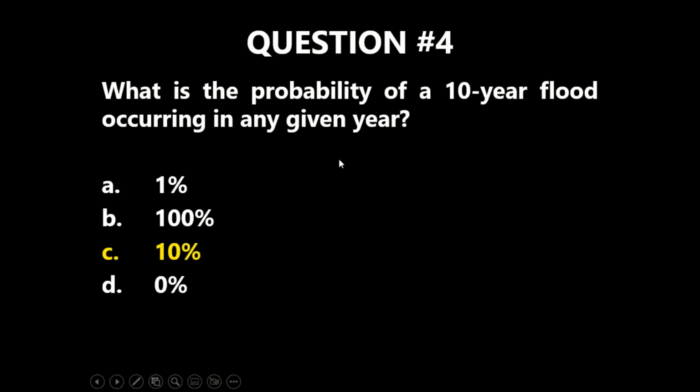Okay, question 4. The probability of a 10-year flood occurring in any given year: 10%. It's a 1 out of 10 chance.